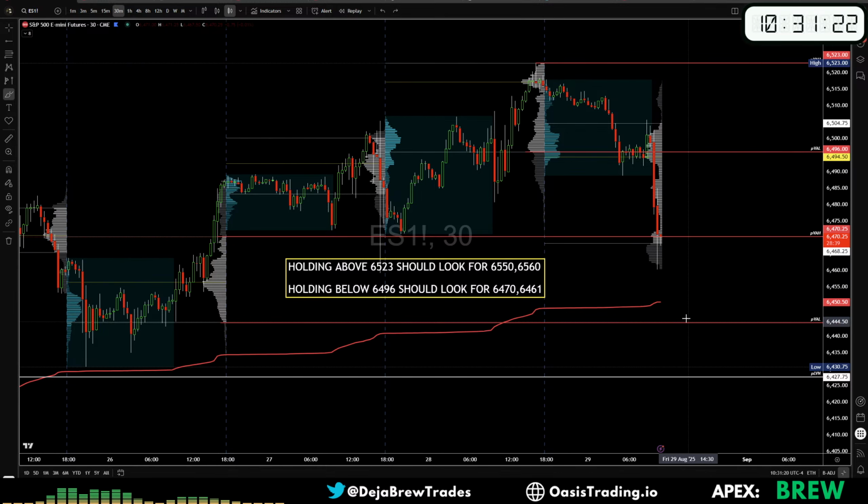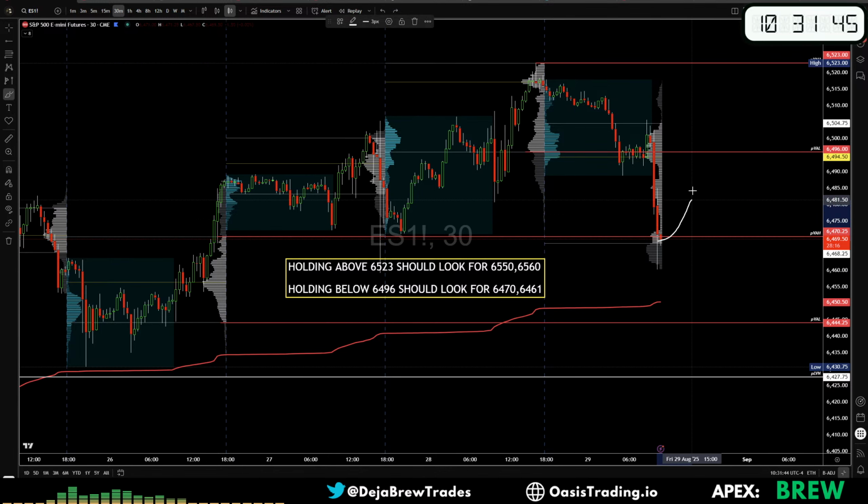So for the retrace downward, we need to build a couple 30-minute candles below that 70 level. That would start pushing down to 44. The POC is basically the midway target. And then same thing to the upside, not as clean because you have kind of a trend profile.